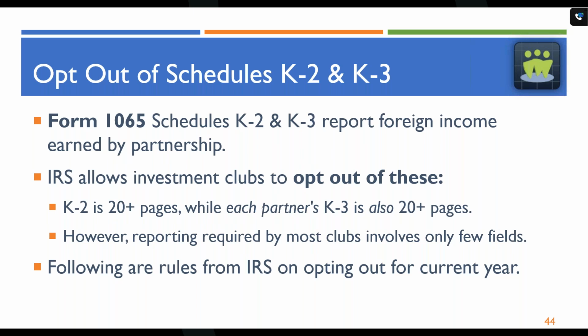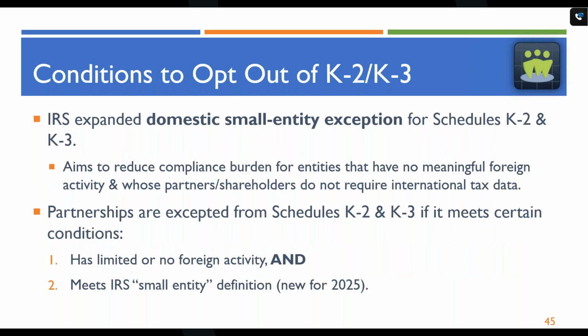I think the longest one was 900, 1,000 pages. So if you can opt out, especially if you're going to need to file by paper, you definitely want to opt out or use our e-filing. But there are some rules that allow clubs to opt out for the current year, and they've actually been relaxed a bit, or expanded.